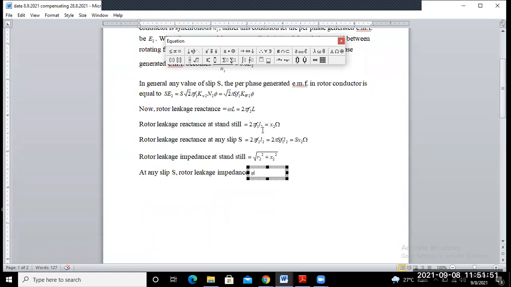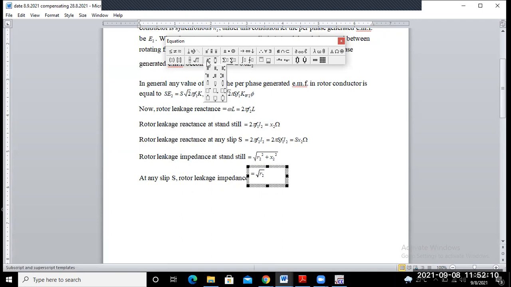So it equals the square root of R2 square plus (S x2) whole square.